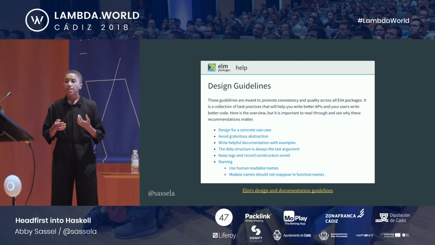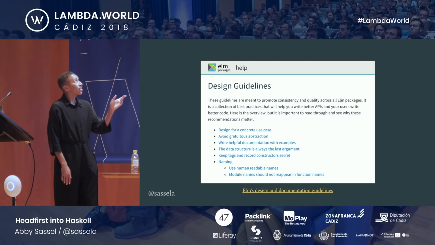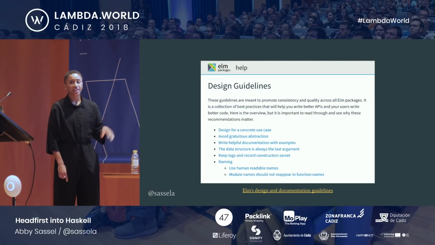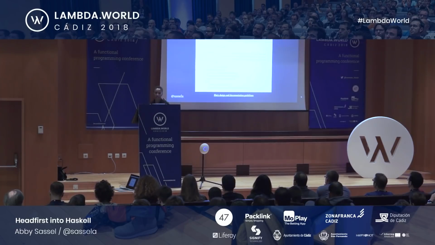So if there's anything that you're a little bit unsure about contributing to and you're not quite sure how you can help, the Elm guidelines are a great start, and I kind of wish we had something like this in Haskell. I haven't seen this yet, but this would be a fantastic start.